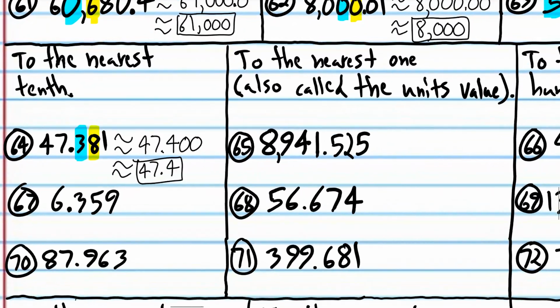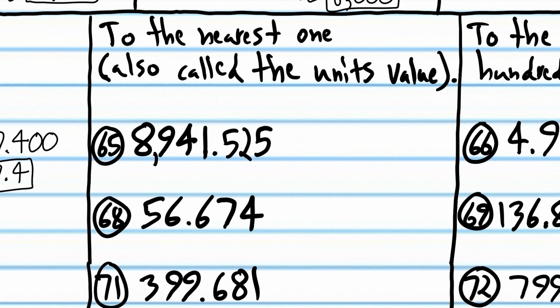All right, 65. Now there's something new we have to talk about here. We're now going to round to the nearest ones place. This is the ones place, if you recall, if you're looking at your chart. But I just want you to understand very clearly, it's called the nearest ones place, but it's also called the unit place, or the nearest unit value.